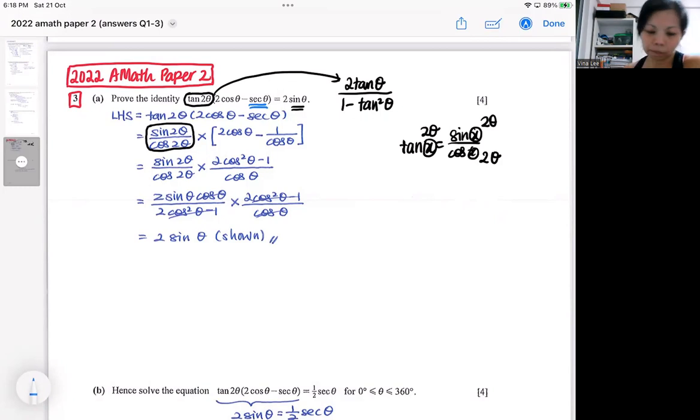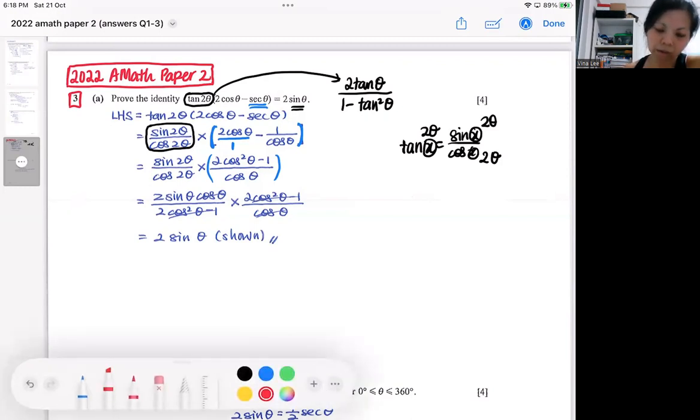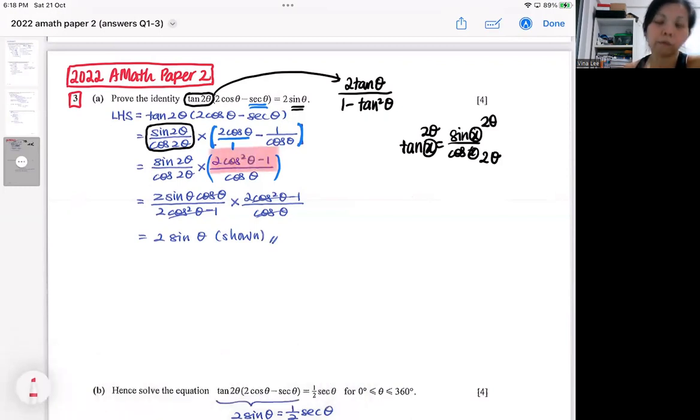So the next one will be at the stage where you see the bracket, you should think of making it same denominator. So when you make same denominator, you must also recognize that this happen to be one of the formula for cosine theta.